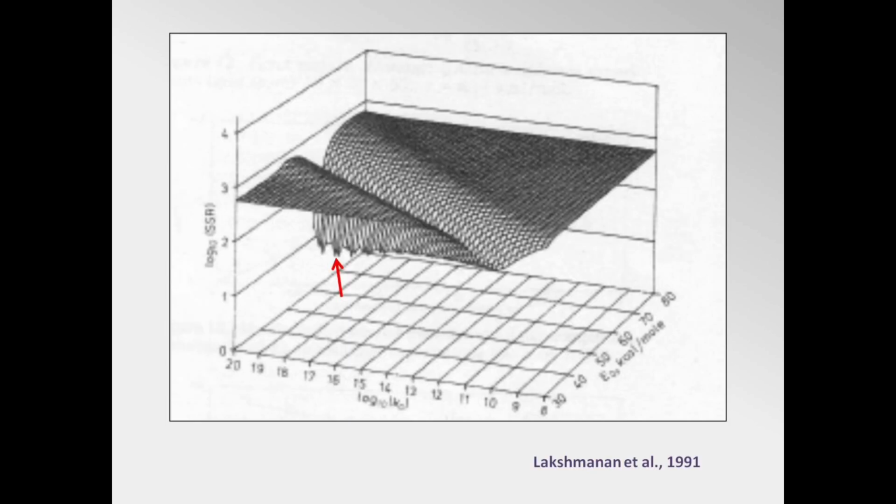However, the multi-run method for obtaining the A factor and the activation energy distribution has been severely criticized since the early 1990s as being unable to fully separate the effects of A and E.